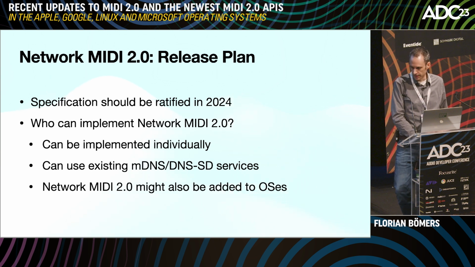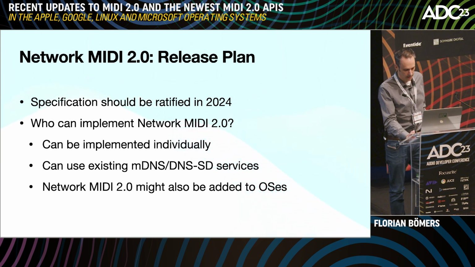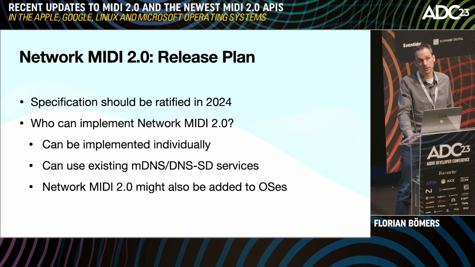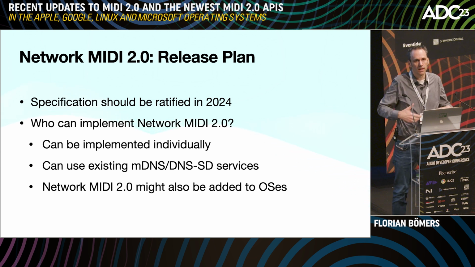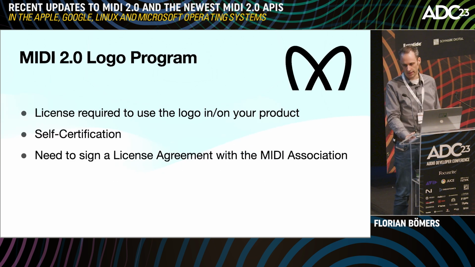It can be implemented individually in your software, and you can use existing mDNS services by the operating system, but also the operating system can embed network MIDI 2.0, and then your software doesn't need to care about this at all.